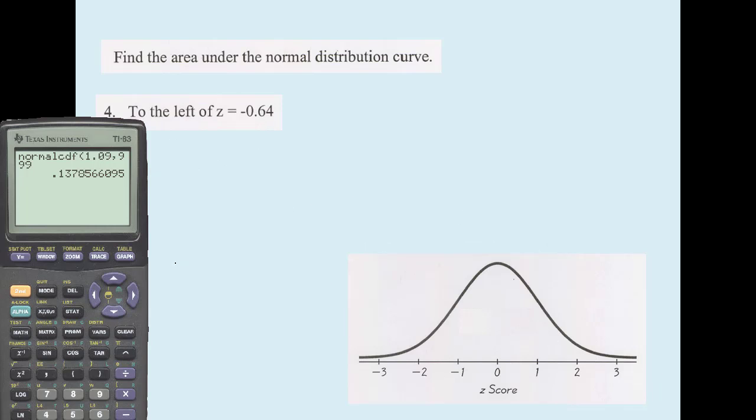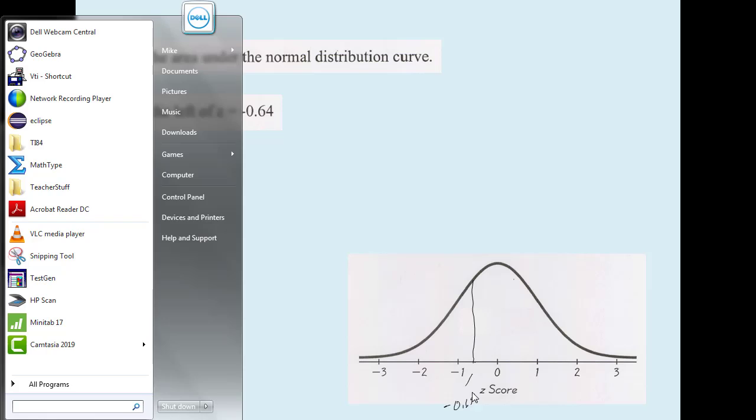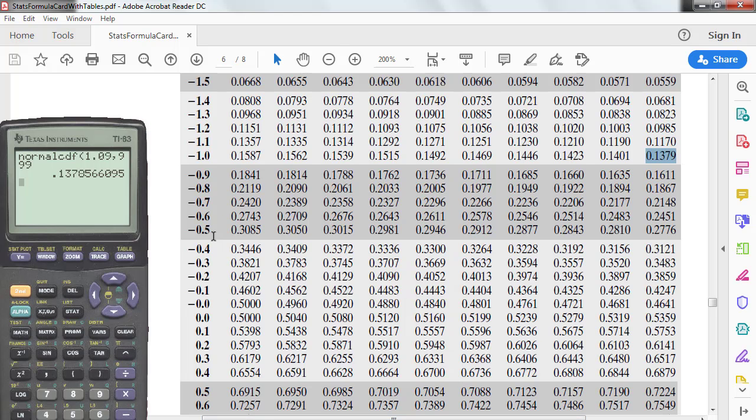All right, so here we want to find the area to the left of negative 0.64. Negative 0.64 is right about here. So I can go to the table, and negative 0.64, 0, 1, 2, 3, is 2611.